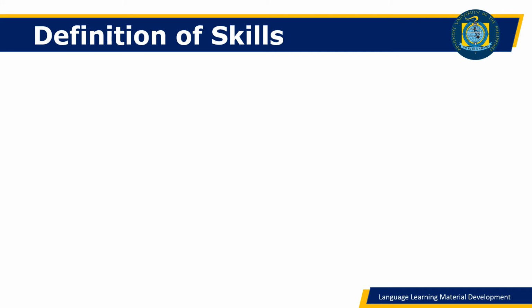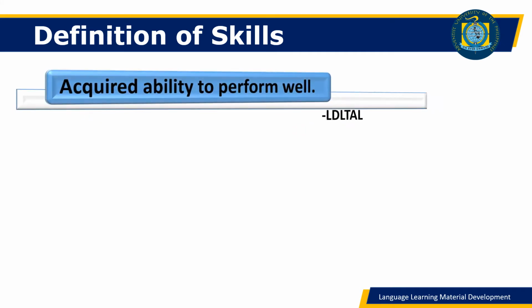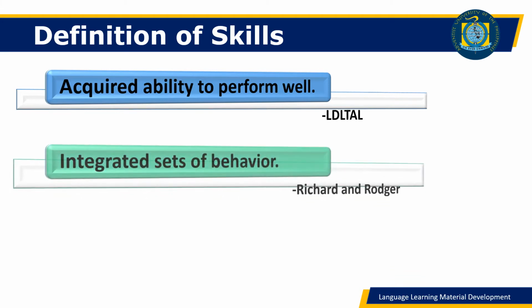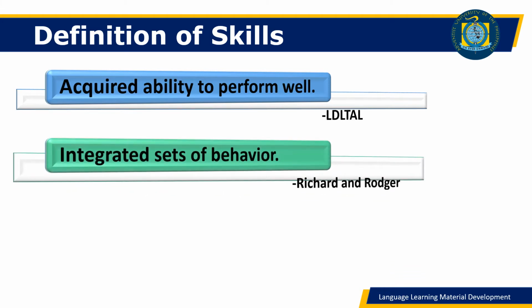The first definition is this: skill is an acquired ability to perform an activity well, usually one that is made up of a number of coordinated processes. Then, the second one is integrated sets of behavior that are learned through practice.